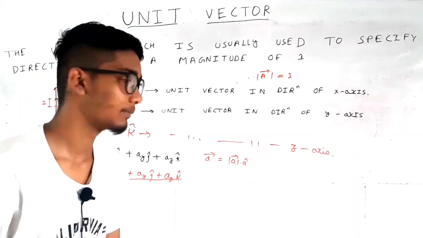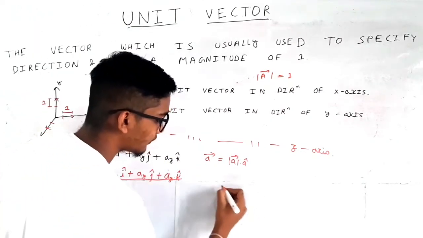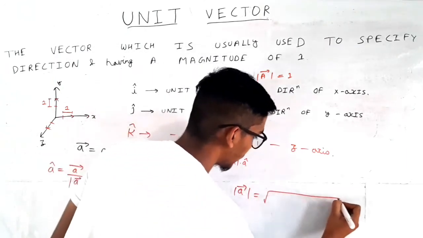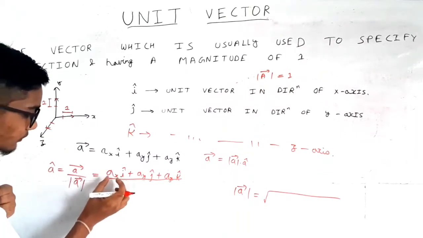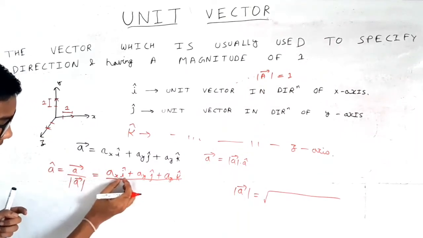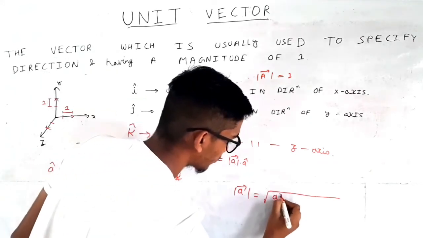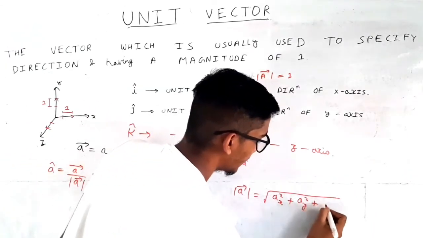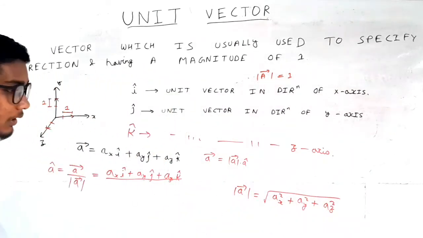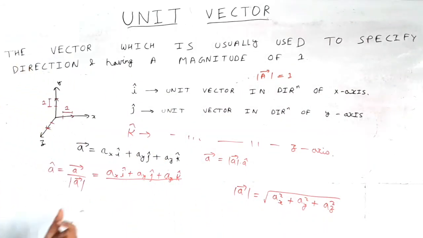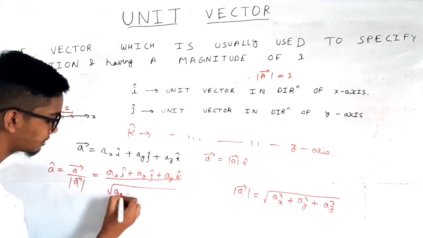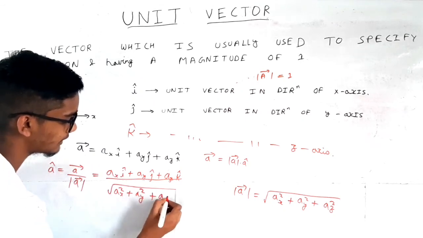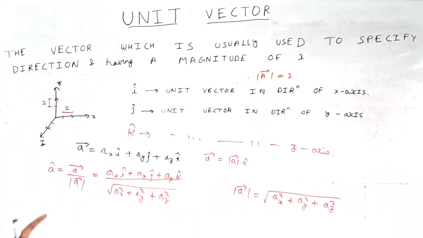If you are a math student, you know that the magnitude of these kinds of vectors is given as the square root of ax squared plus ay squared plus az squared, the terms in front of i cap, j cap and k cap squared. This is the magnitude of the vector. So we put it here: ax squared plus ay squared plus az squared.